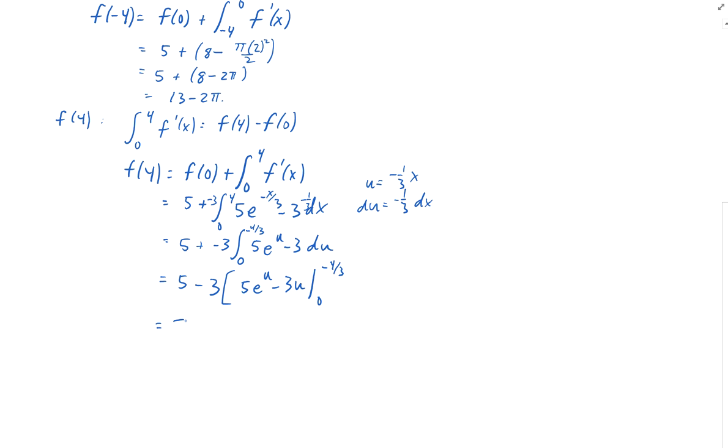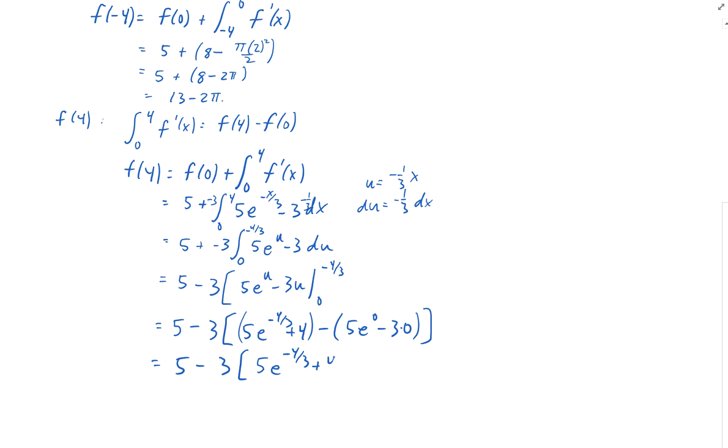So then I got 5 minus 3 times 5 e to the negative 4/3 minus, plug in, I get plus 4, minus 5 e to the 0 minus 3 times 0, which becomes 5 minus 3 times 5 e to the negative 4/3 plus 4 minus 5.